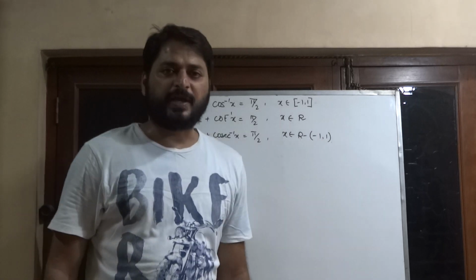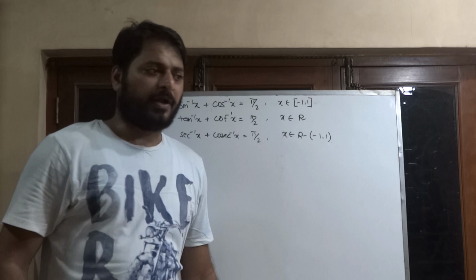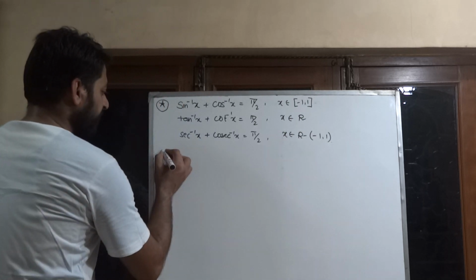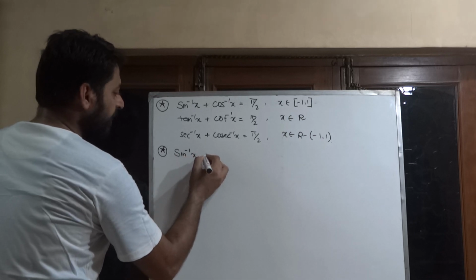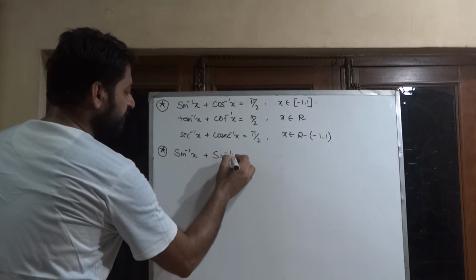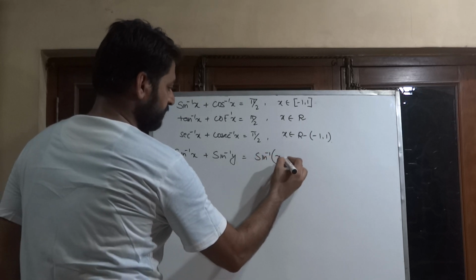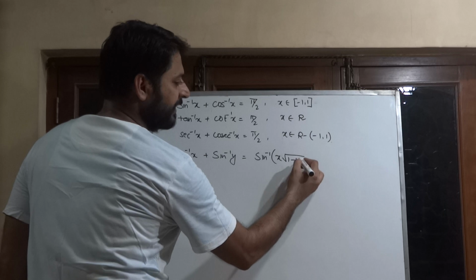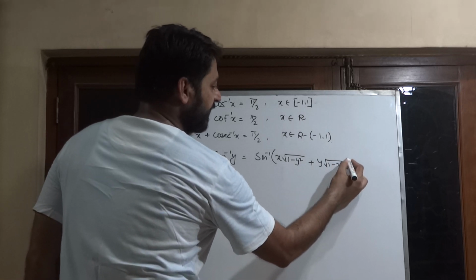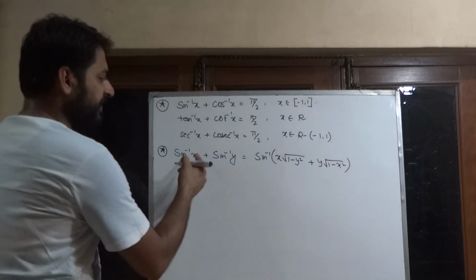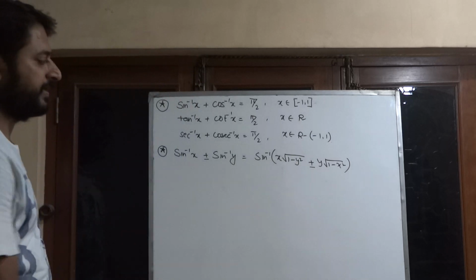Now there are a few formulas. If you keep them in mind, it will be easier for you to solve the sums. First one is sine inverse x plus sine inverse y is equal to sine inverse of x root over 1 minus y square plus y root over 1 minus x square. And if it is minus, it will be minus.